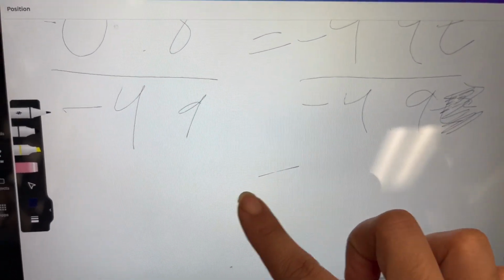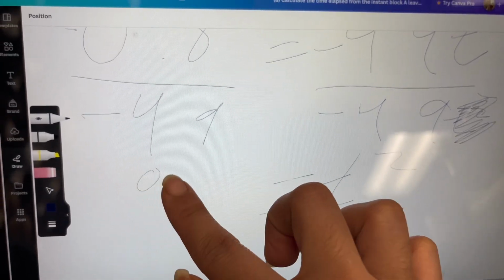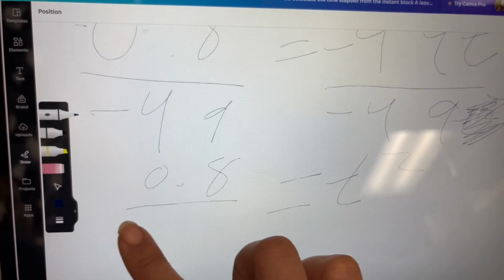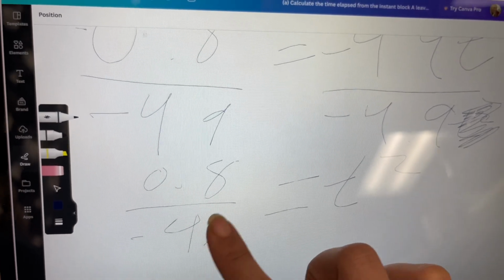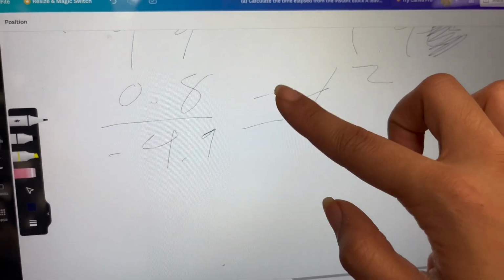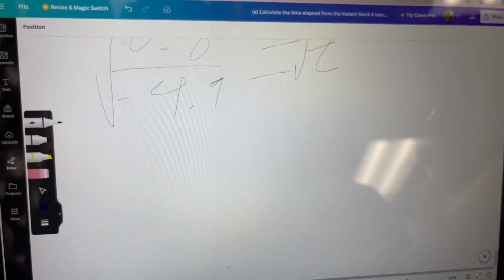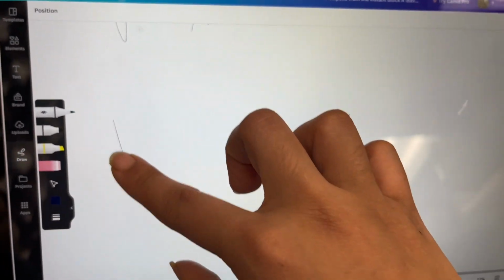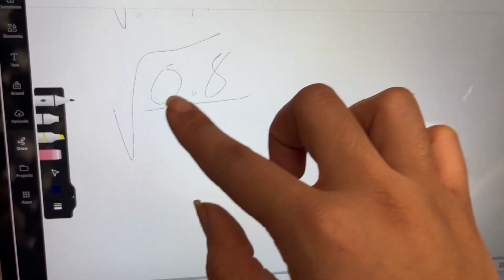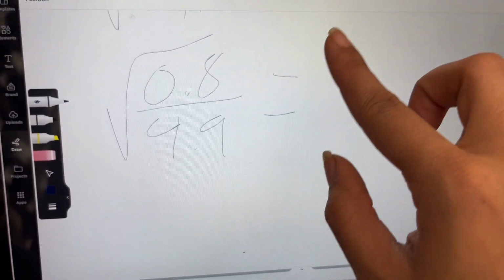So then we get t squared equals 0.8 divided by 4.9. And then to get rid of the square, we just have to take the square root on both sides. And then we get the square root of 0.8 over 4.9 equals t.